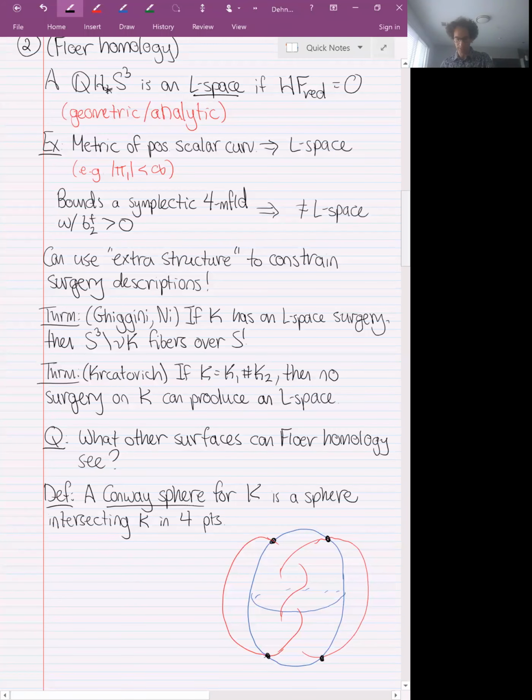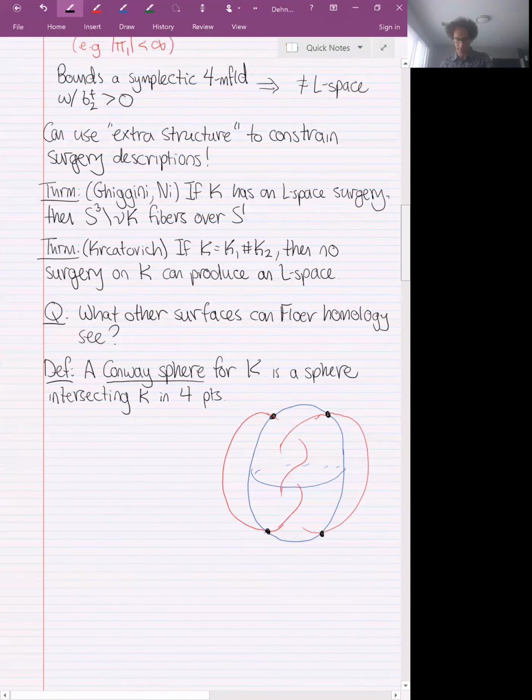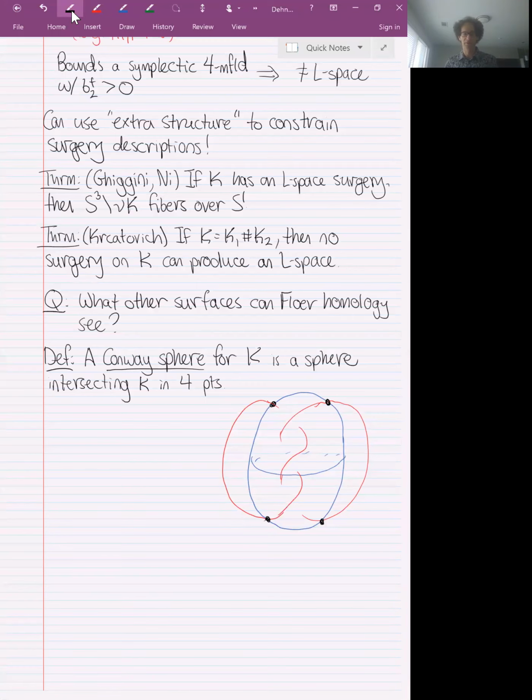And we'll make one extra assumption, or we'll be interested in a special type of Conway sphere. We'll say that S is essential if S minus 4 points, so if we remove these 4 intersection points, this is now a surface inside of the knot exterior, inside of the complement, let's say we want this to be pi1 injective again.